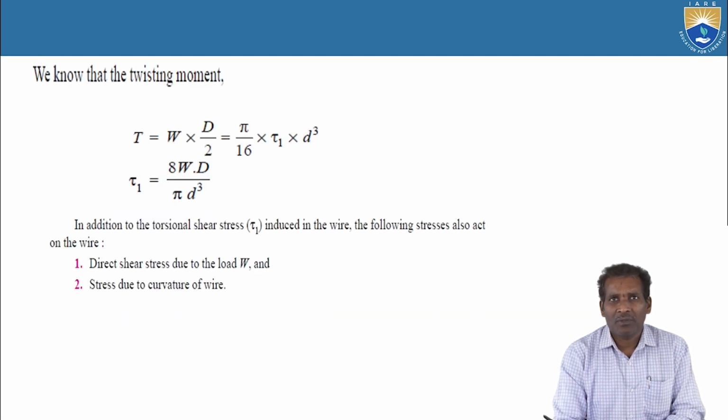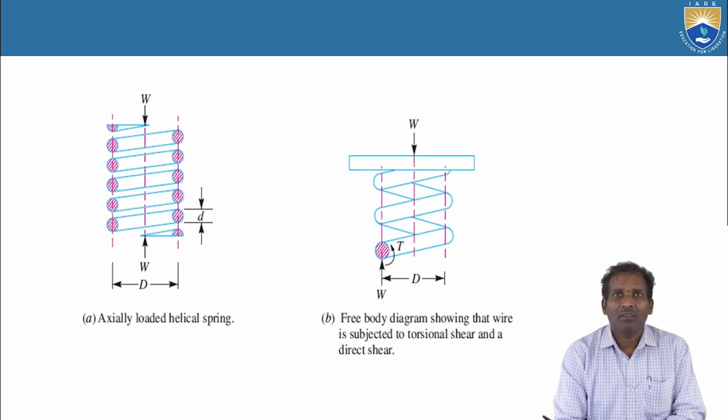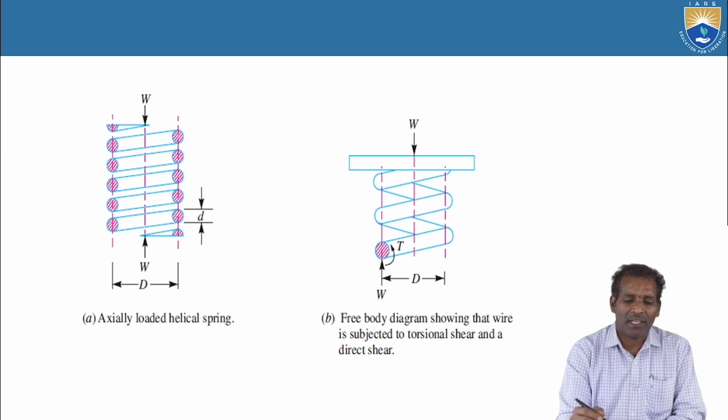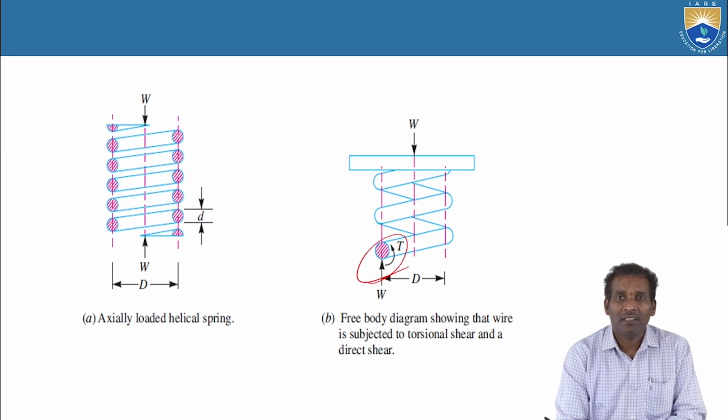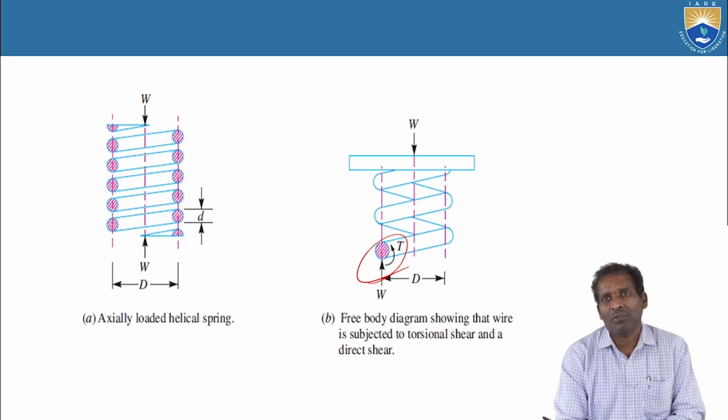So now we will see the twisting moment calculation, for an axially loaded helical spring. The free body diagram shows that the wire is subjected to torsional shear and direct shear. One is torsional shear due to twisting moment. Another shear is due to direct load, shear load.